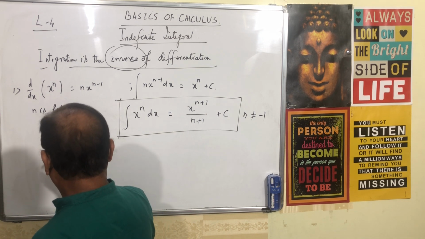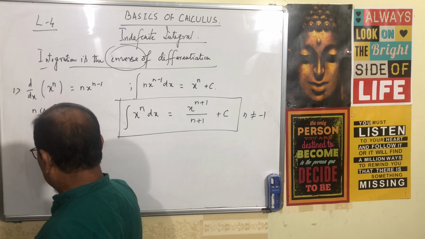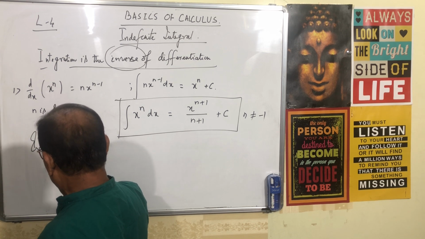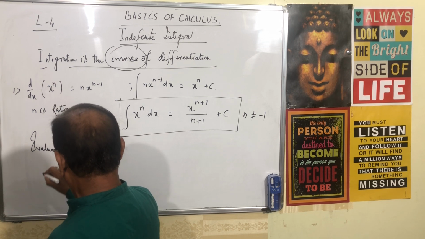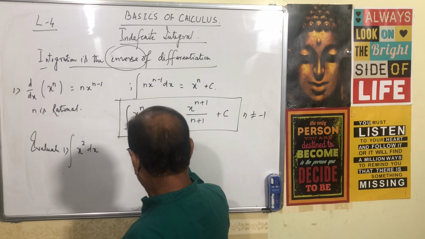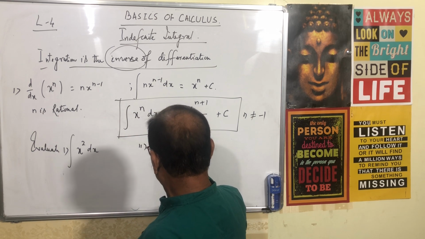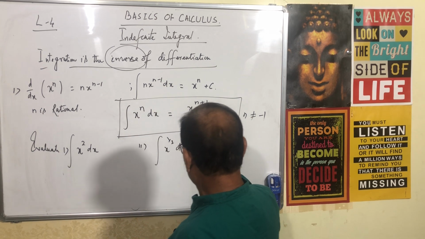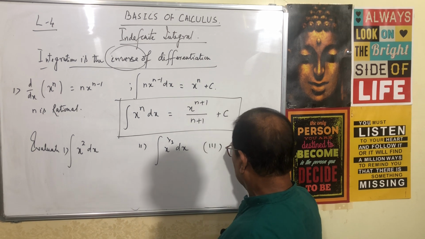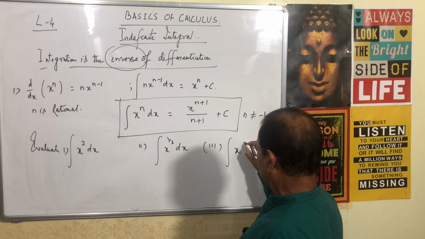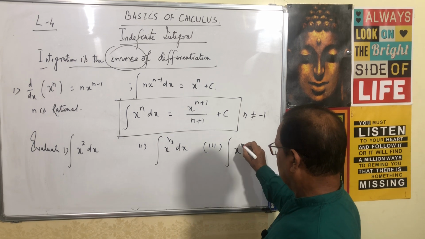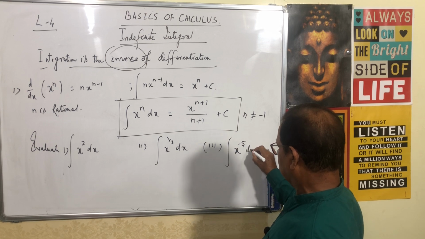Let us take some questions. Evaluate number 1, the integral of x square dx. Number 2, x to the power half dx. Number 3, x to the power minus 5 dx.